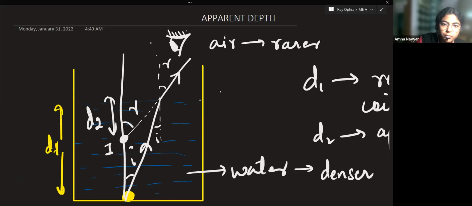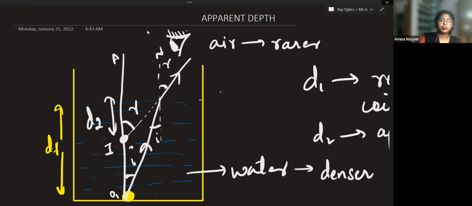This normal is parallel to this ray. Let's say this is some A, this is some O1. This is the image that has been formed. This angle I and this angle I are both alternate angles, so these are equal. That's why I've written I. And this angle R and this angle R are both corresponding angles. That's why both will be equal.